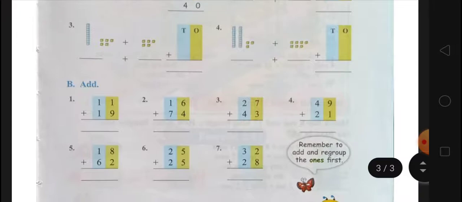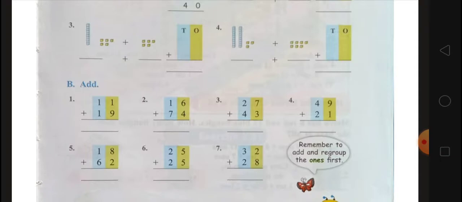Question B: you can see here that in the first, 1 plus 9 is 10, 0, 1 carry, and 1 plus 1 is 2, plus 1 carry is 3. So that is 30. Question number 2: 6 plus 4 is 10, 0, 1 carry, 7 plus 1 is 8, 1 is 9. So that is 19. Question number 3: 7 plus 3 is 10, 0, 1 carry, 2 plus 4 is 6, plus 1 is 7, that is 70.